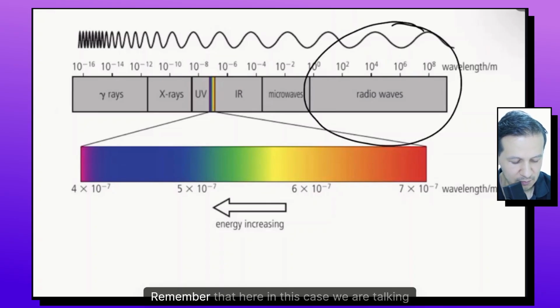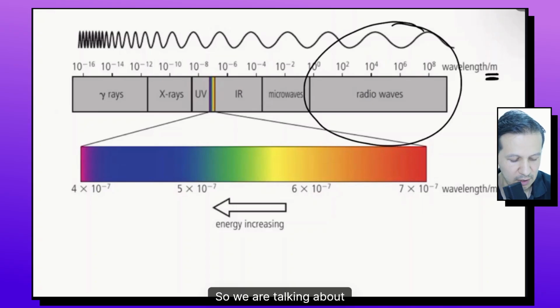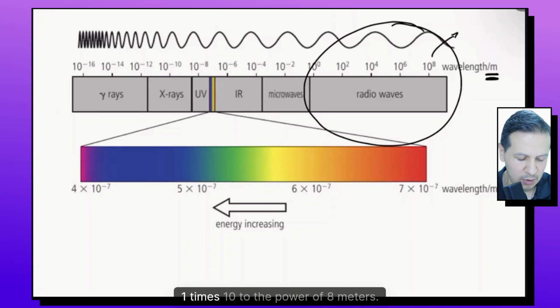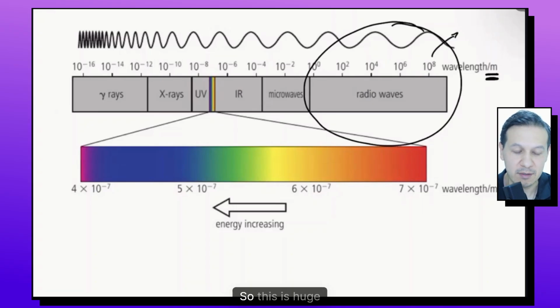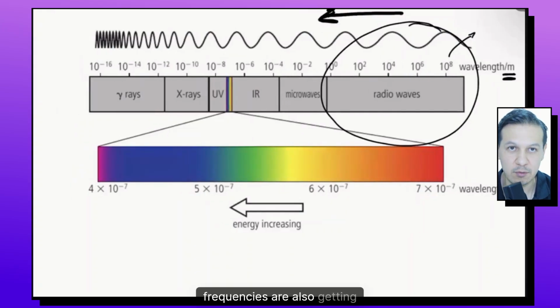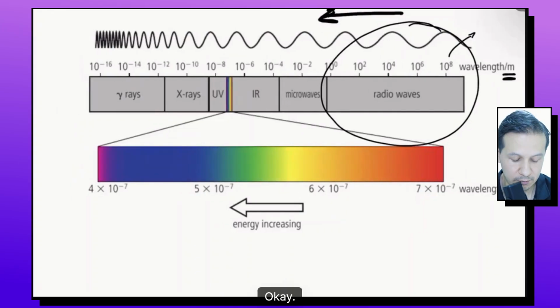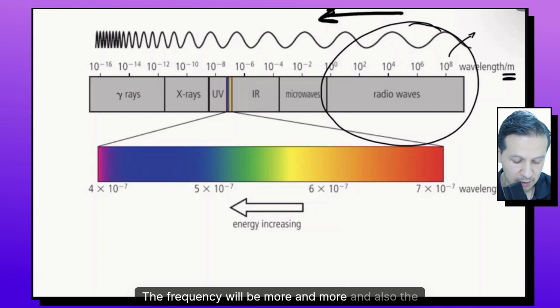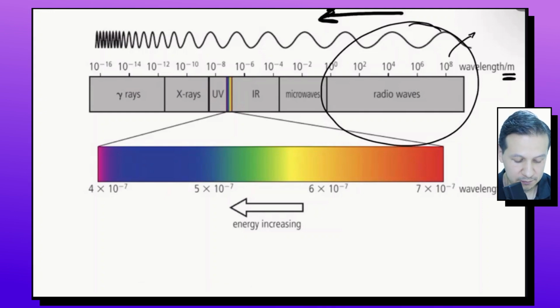Remember that here we are talking in meters, so about 1 times 10 to the power of 8 meters. This is huge, as are all the radio waves. As we go, the wavelength gets smaller, and as it gets smaller, the frequencies get higher. The frequency will be more, and also the energy.